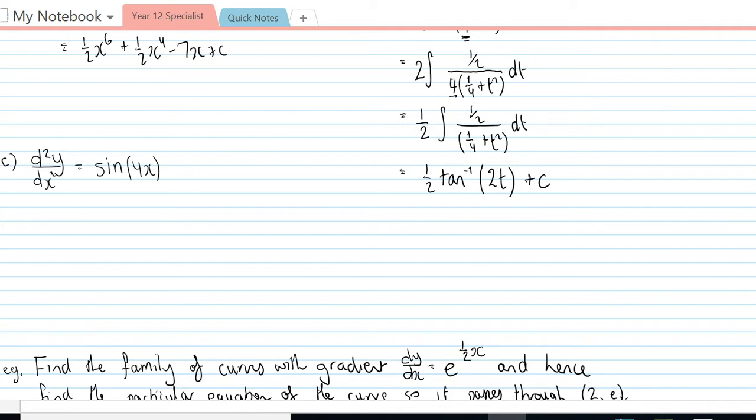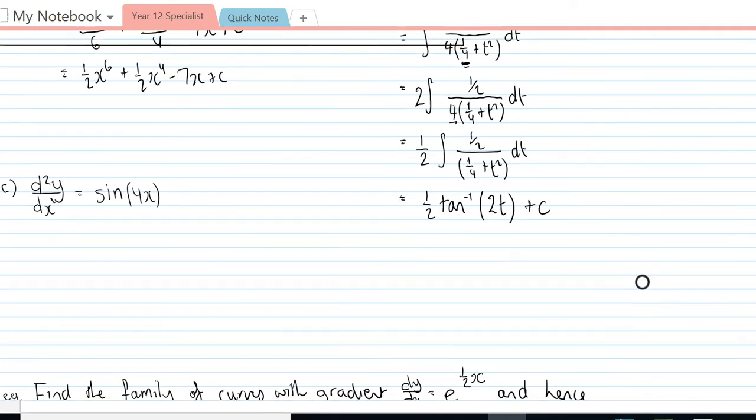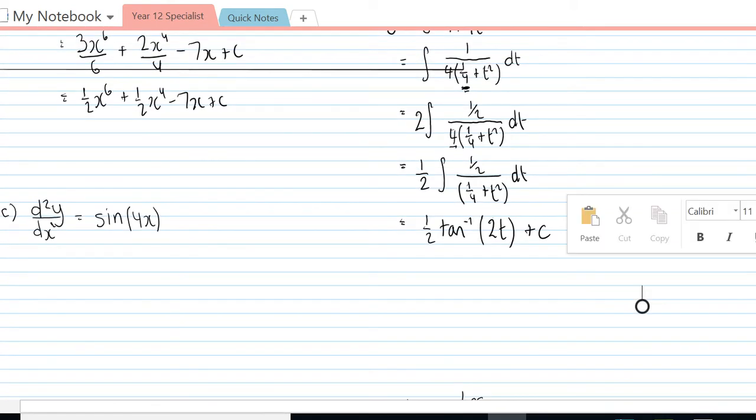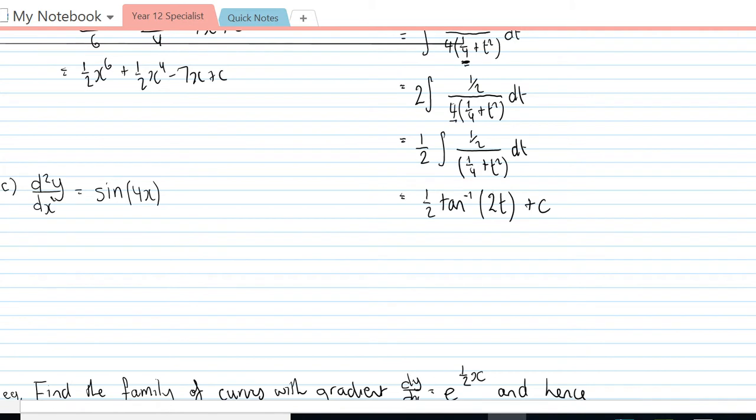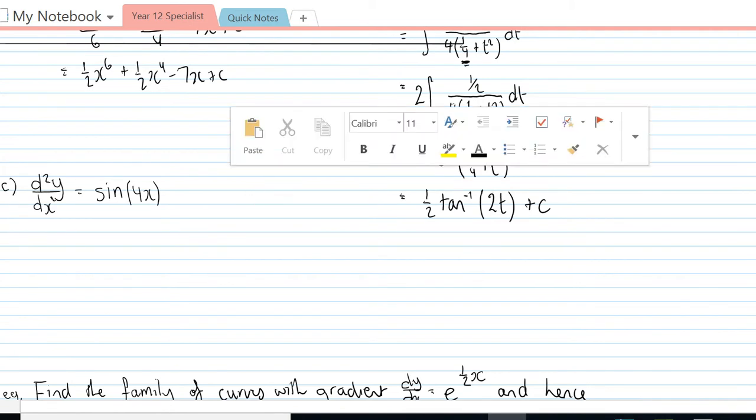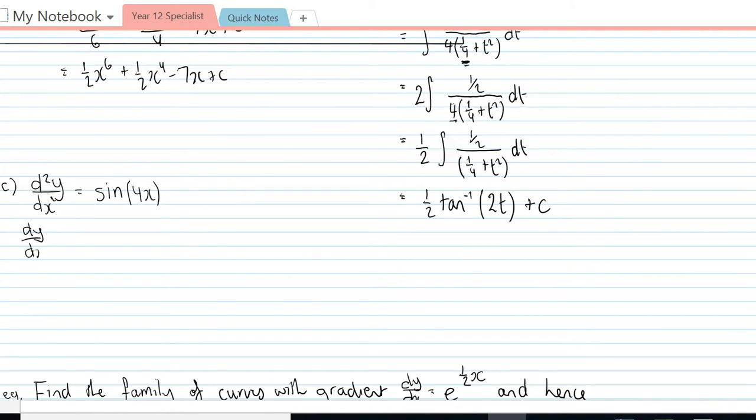The third problem has a d squared y dx squared equaling sine 4x. So in this case, we're going to have to anti-differentiate twice. First thing I'll do is get dy dx, which is just the antiderivative of sine 4x with respect to x. When we anti-differentiate, this becomes negative 1/4 cos of 4x plus c.